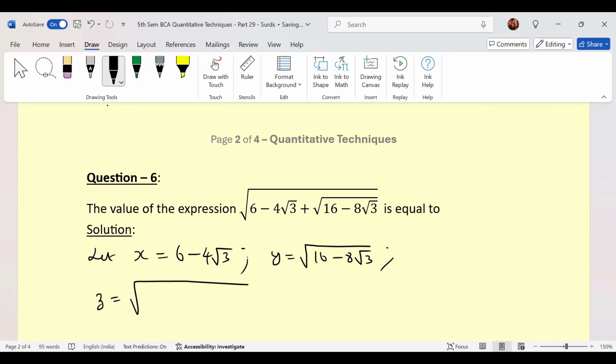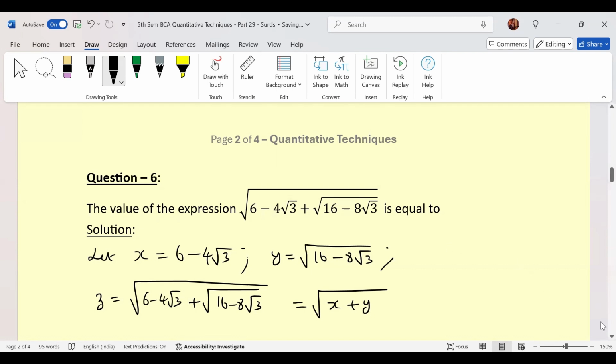So this will become root of 6 minus 4 root 3 plus root of 16 minus 8 root 3, which is nothing but root of x plus y. That is our z.